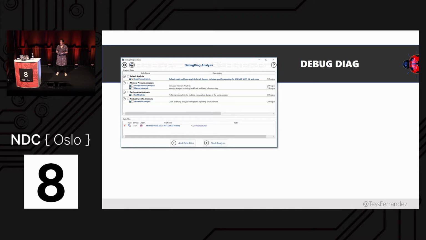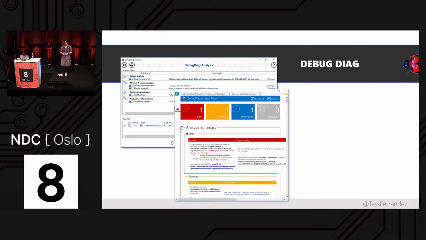So we tried to automate this and put this in a tool so that you didn't have to remember like the Klingon word for threads. And what you do then is you run it through this tool. It will run all the commands, and it will create a report for you that nicely tells you exactly what's going on in 80% of the cases. And then in the other ones, you will have to use Windbg or something else.